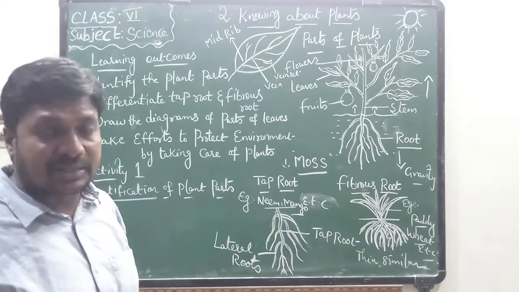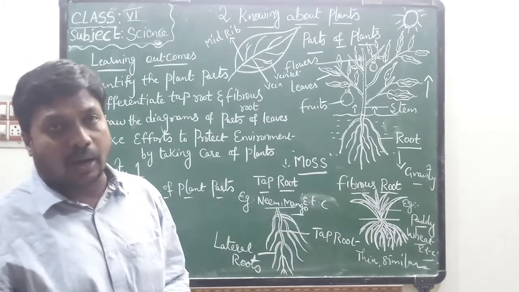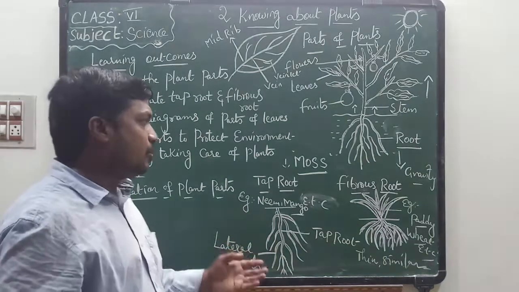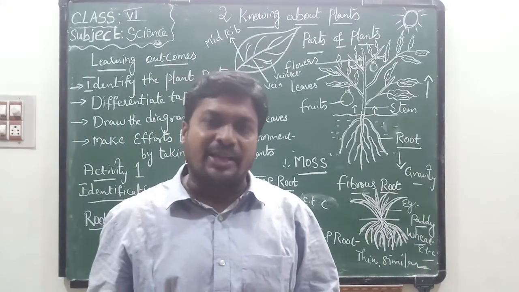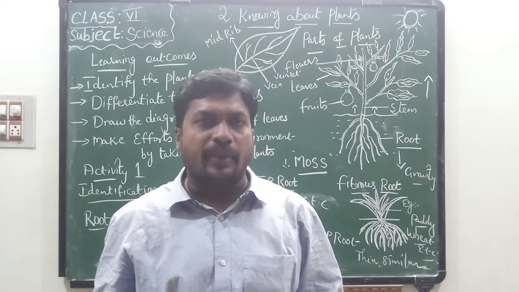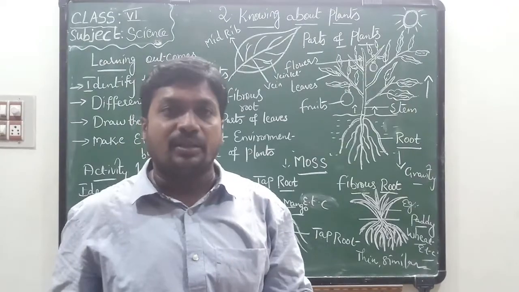We learned the differences between taproot and fibrous root, and examples of taproots and examples of fibrous roots. In the next class, I will explain the next topic in the second lesson, knowing about plants. Thank you, children.